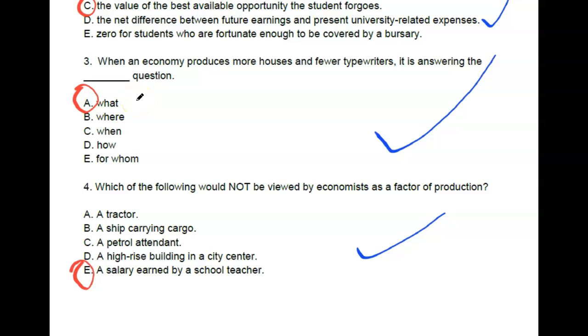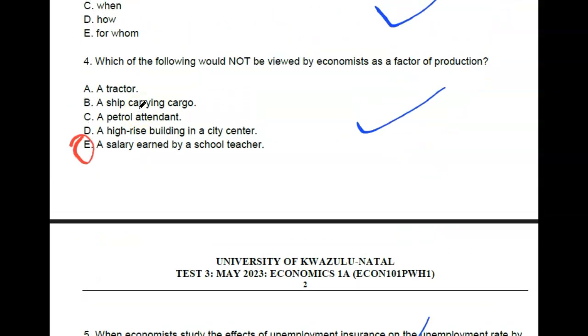Okay. Number 4. Which of the following will not be viewed by economics as a factor of production? The way I remember my factors of production is the acronym CELL. C-E-L-L. Capital, entrepreneurship, land and labor, okay? Now, a tractor, it's capital. Cargo ship, that can be your capital.